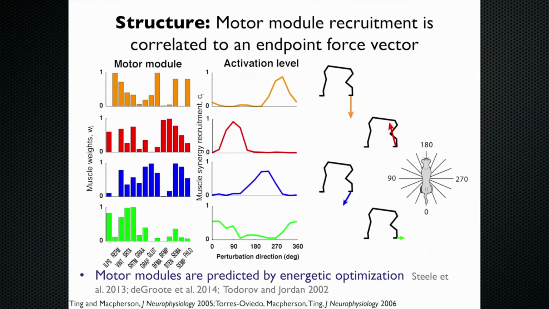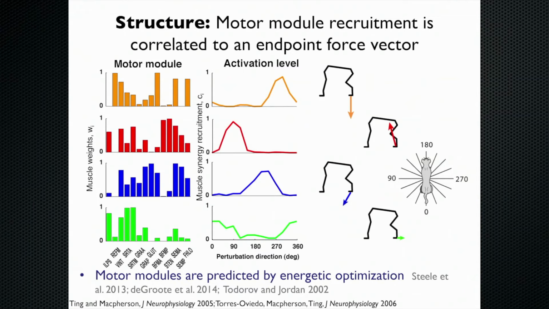So on the left here, on the bottom, we have muscles, and each bar represents the particular level of activation of a muscle that we observe to be consistently produced. And we identify these through factorization techniques.